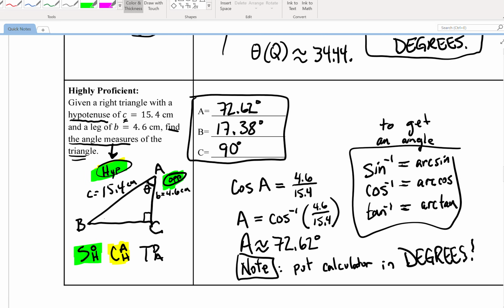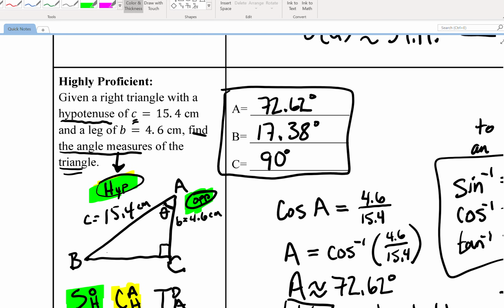Okay, en español, dice, highly proficient, para encontrar un ángulo, given a right triangle, dado un triángulo rectángulo, with a hypotenuse, con una hipotenusa, of C equals 15.4 centimeters, de C, que es igual a 15.4 centímetros, and a leg of B equals 4.6 centimeters, y un cateto, es como lo llaman en español, cateto de B igual a 4.6 centímetros, find the angle measures. Encuentra los ángulos, las medidas de los ángulos del triángulo.